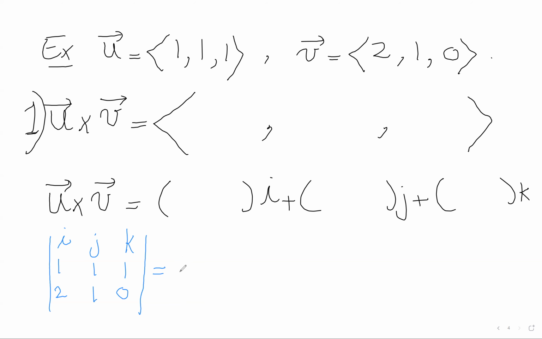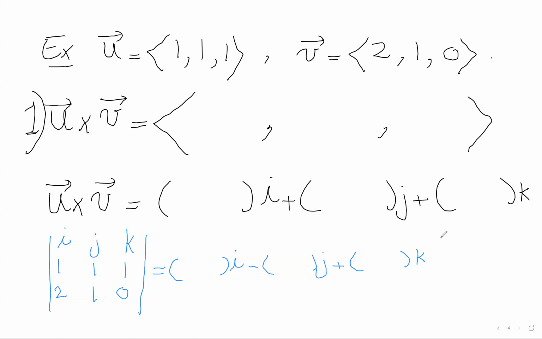Since i is a vector, that number is written before i. Then minus j times some number, and plus k times that parenthesis, which is a number, so it comes before k.